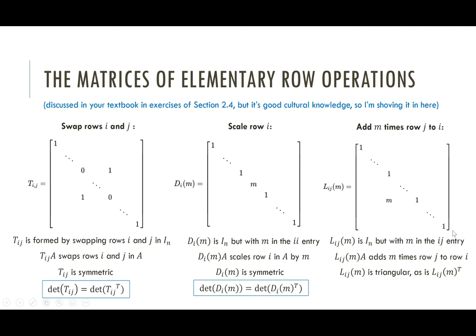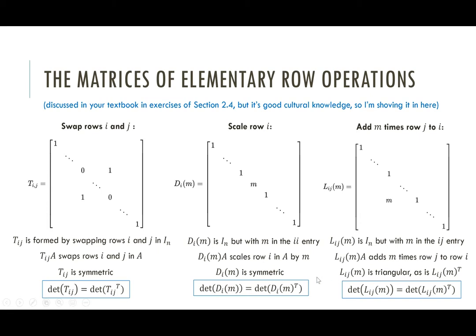And so this has both Lij and Lij transpose. Both of these have determinant 1. And so, once again, the determinant of adding M times row j to row i, and its transpose are going to have the same determinant.